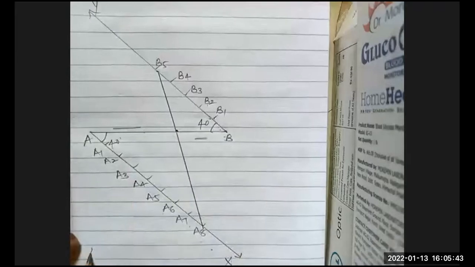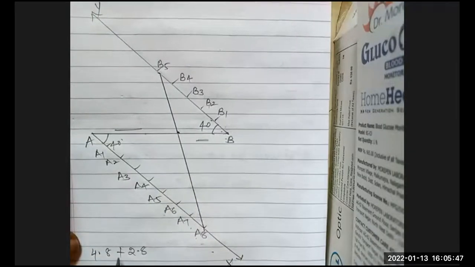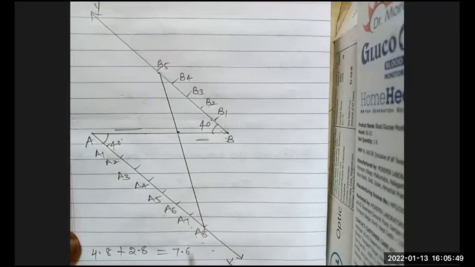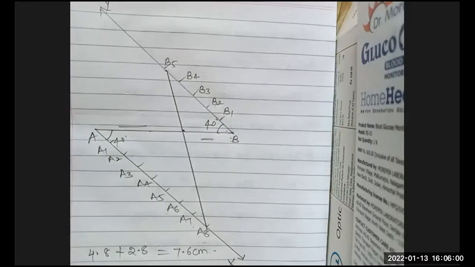So 4.8 plus 2.8 is equal to 7.6 centimeters. Equal parts only. Okay, so that's how the second method is. This is all about the first topic, that is division of a line segment, to divide a line segment in the given ratio. So that's all about the first topic. Let me pause recording for a while.